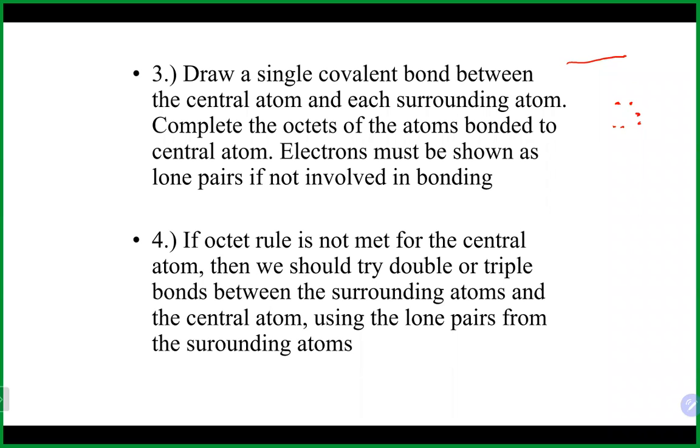If you still have electrons left to put on your picture, then you go to the center atom and put those on as dots as well. So the idea here is a single bond from the center atom to each of the outside atoms, pairs of electrons on all the outside atoms until they're full, and if you still have electrons, the central atom gets pairs of electrons as dots.